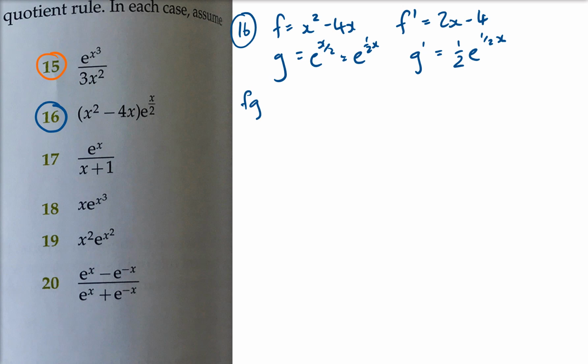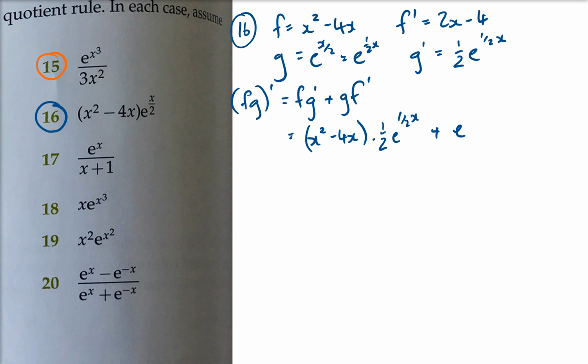Product rule, multiply these two together: write down the first, differentiate the second, plus write down the second, differentiate the first. So x squared minus 4x times a half e to the half x, plus e to the half x times 2x minus 4.